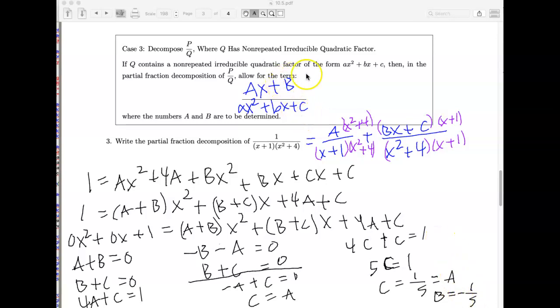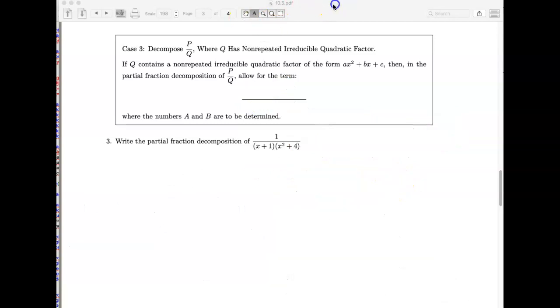This means that this equation can be expressed as 1/5 times 1 over (x + 1).